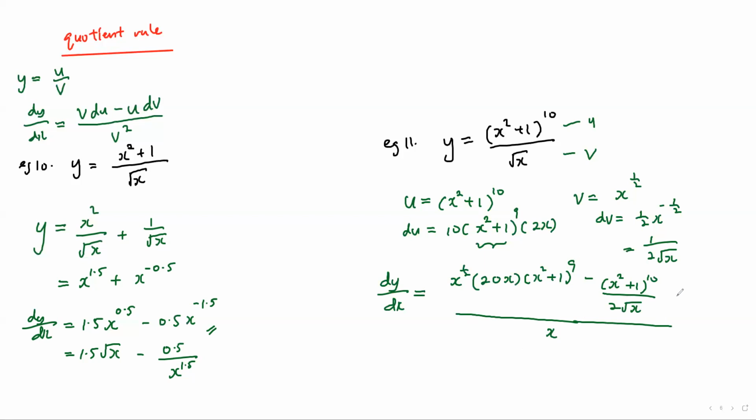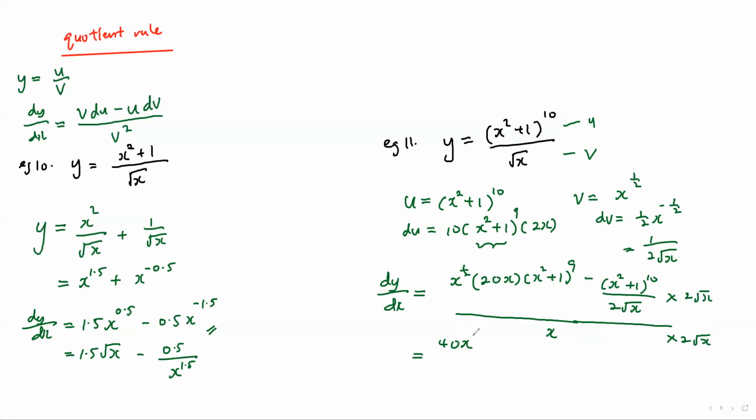Okay, we can simplify it by multiplying 2 root x to the numerator and 2 root x to the denominator. Okay, so when we do that, the numerator is going to be 2 times 20, that's 40x, and root x times root x is x, right?